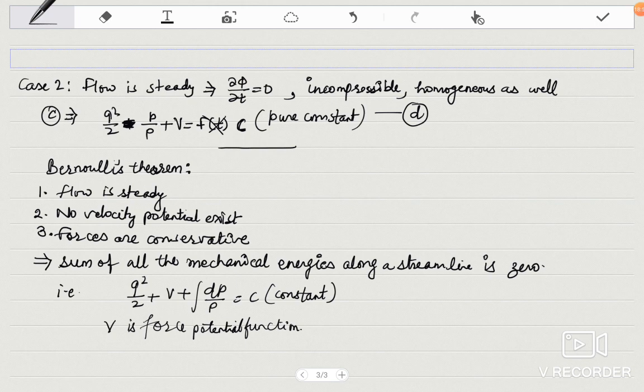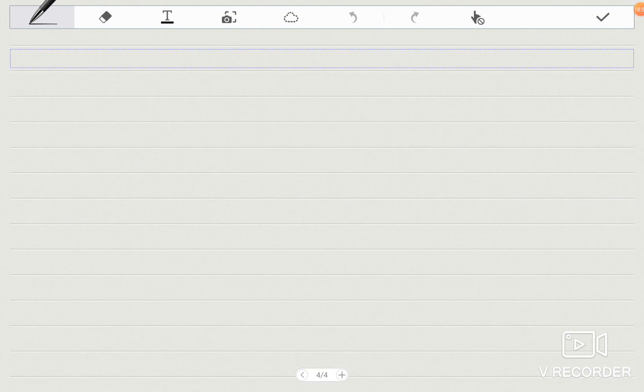So to derive it, we will consider a stream tube. Suppose this is a stream tube.